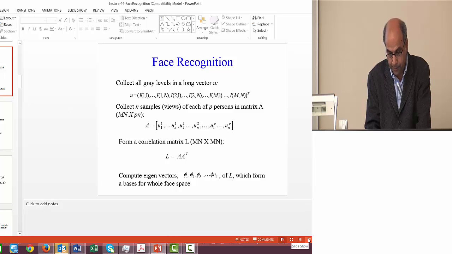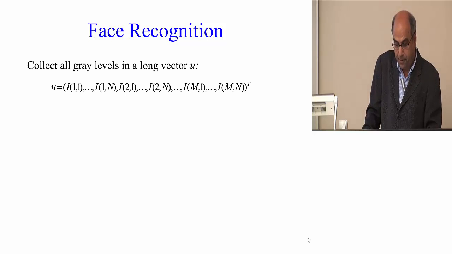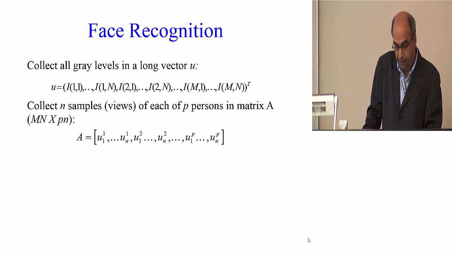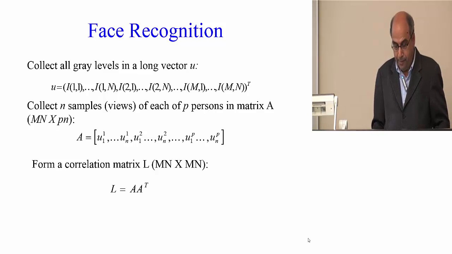Let's look at an example. Let's say we have 10 views of each person and we have 100 people, and the dimension of the image is 250 by 250.